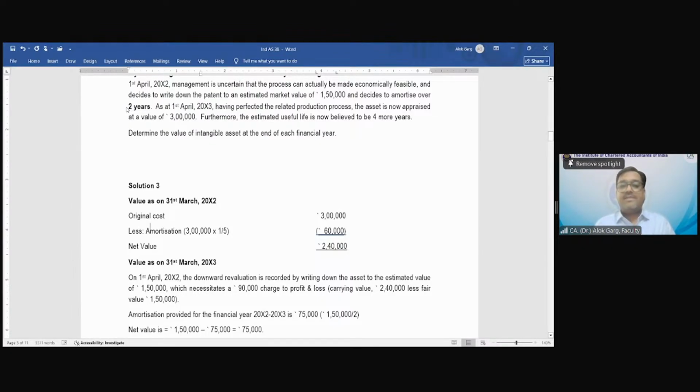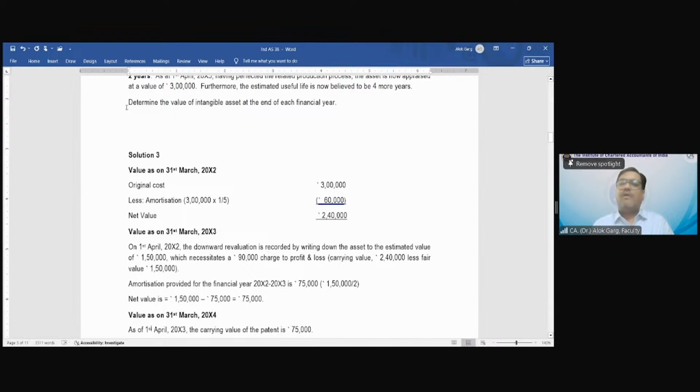So what is the depreciation on 31st March 2003? 75,000. So 150 divided by 2. Amortization is 75,000. What is the carrying value on 31st March 2003?